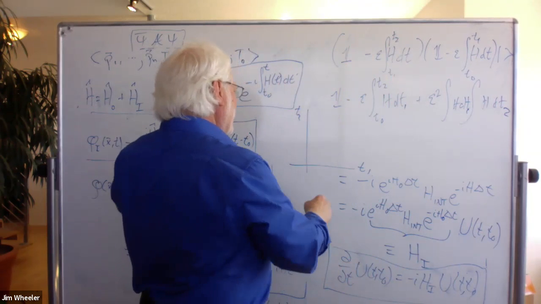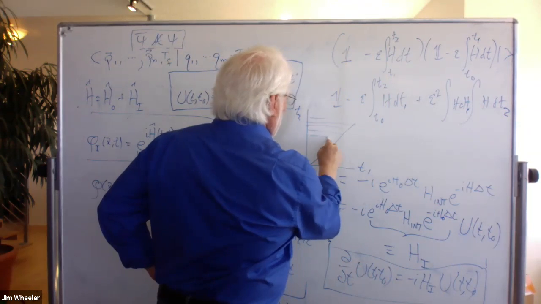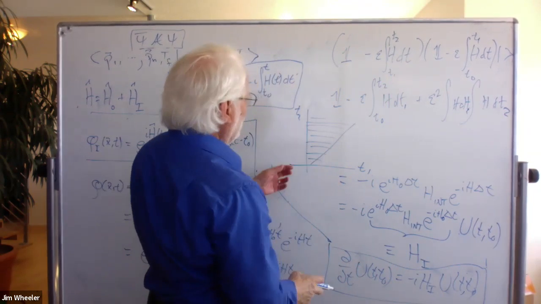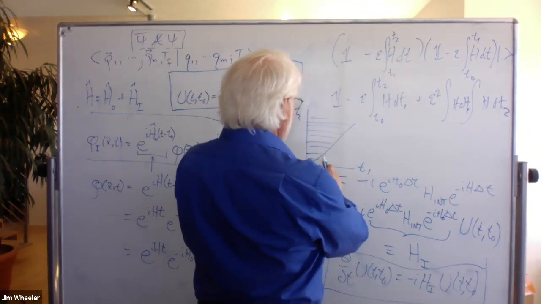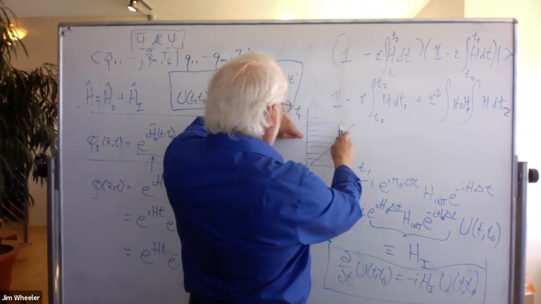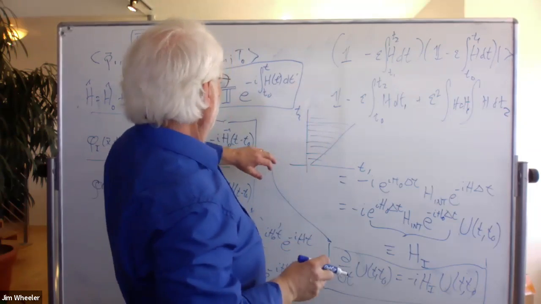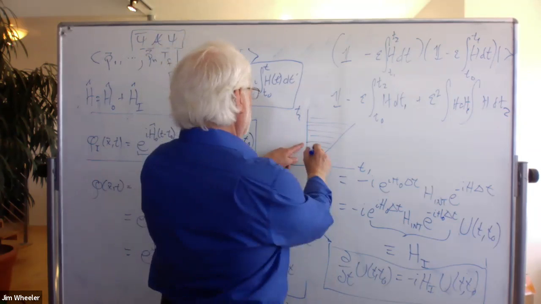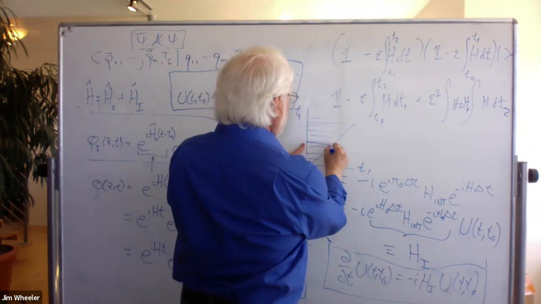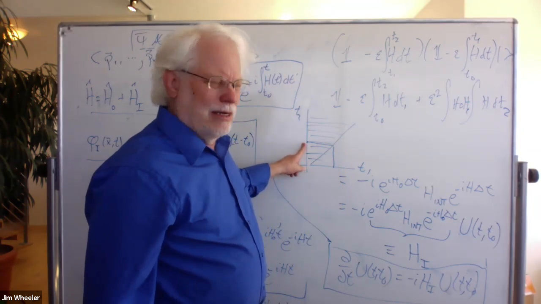You look in that plane and you realize that what you're integrating over is all T1 that are less than T2. Did I draw that right? So yeah, you can integrate in T1 as long as it doesn't exceed T2, right?